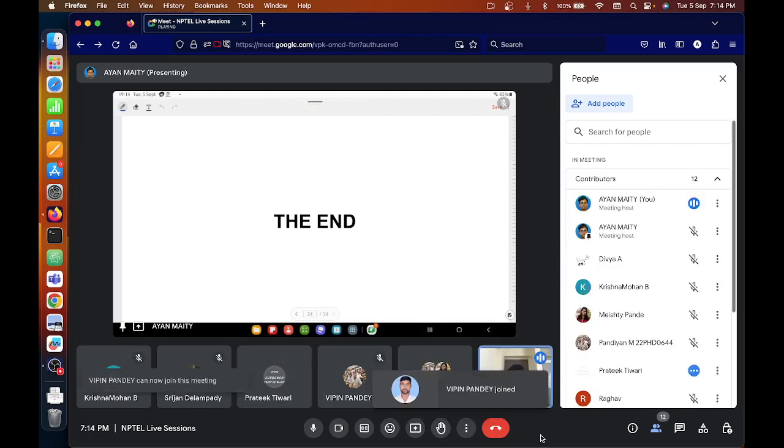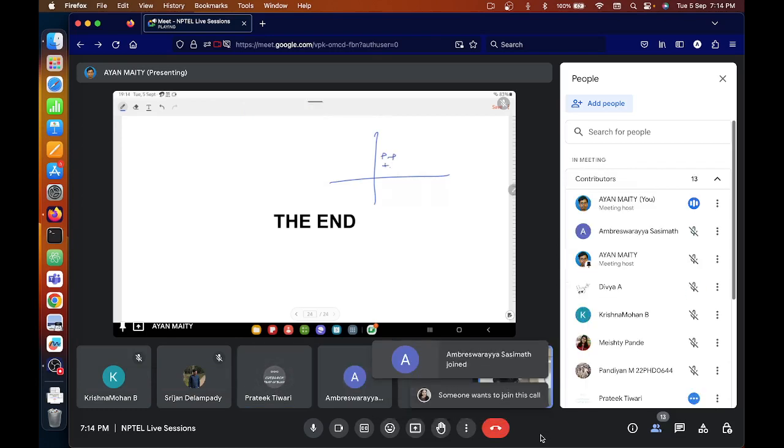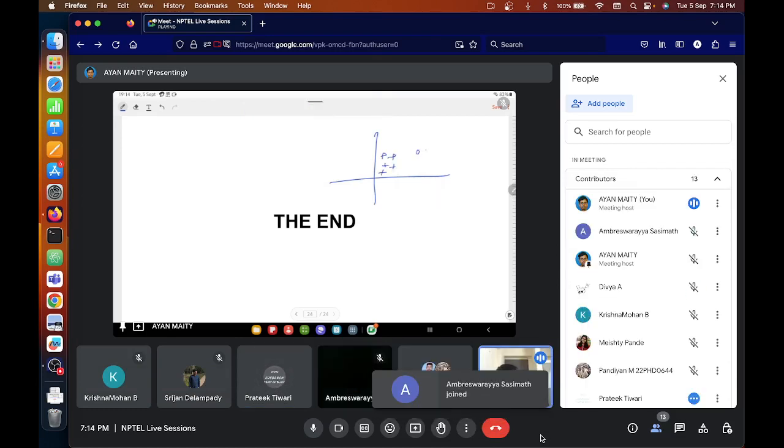Simply consider this: these are the plus data points, these are the minus or negative data points. So this is the feature space. Only this partition would do the job, isn't it?